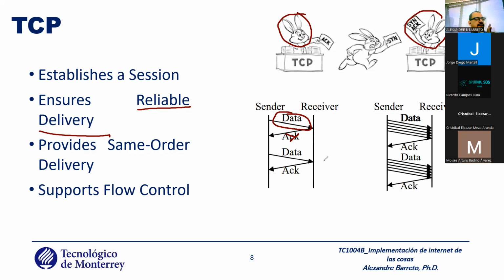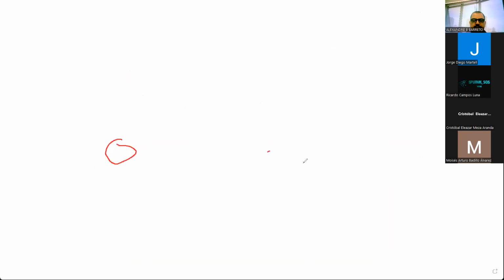Another service that this protocol provides is in-order delivery. It's not only to receive the data. You need to receive the data in the correct order. Think that you have node A and node B, and you send message 1.